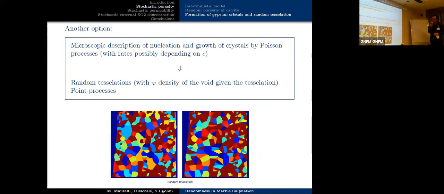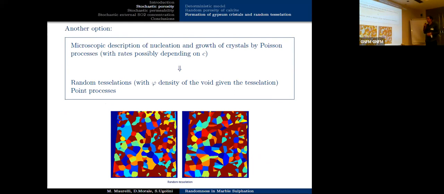So let me go to the final things about random porosity. We could actually even try to describe this at the microscopic level, right? So give a microscopic description of this crystal growth as a variation. And in this case, the keywords would be Poisson processes and random tessellations, right?